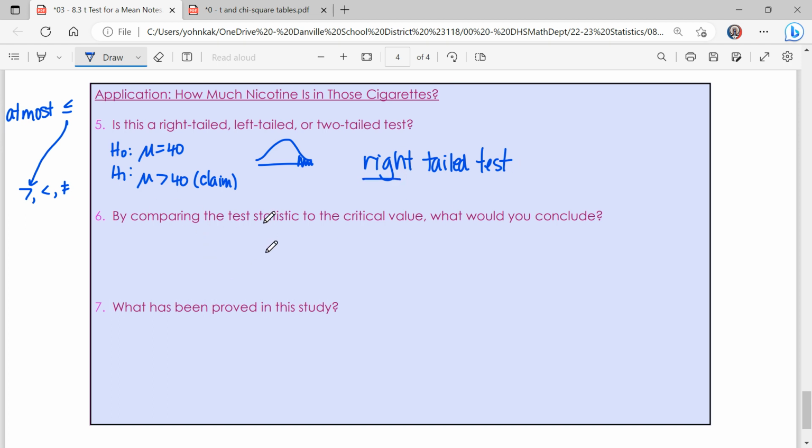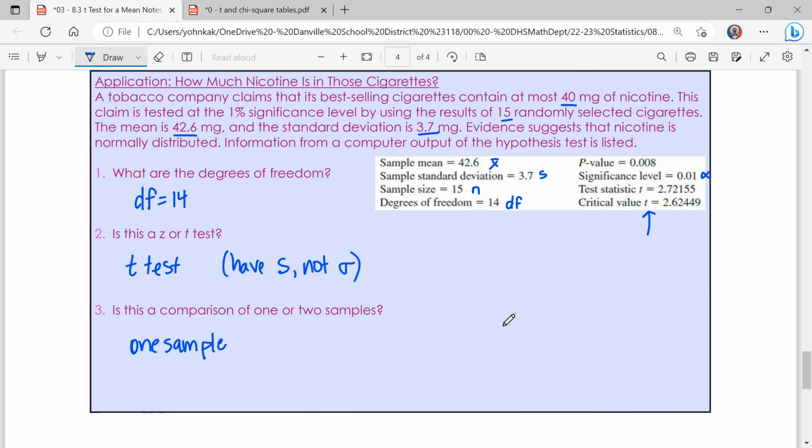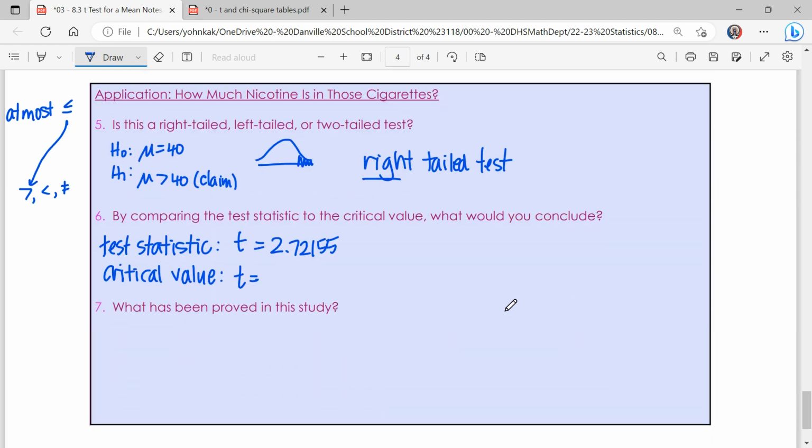By comparing the test statistic to the critical value, what would you conclude? Well, the test statistic from the table was t equals 2.72155. The critical value, that's the one underneath the picture, is 2.62449.